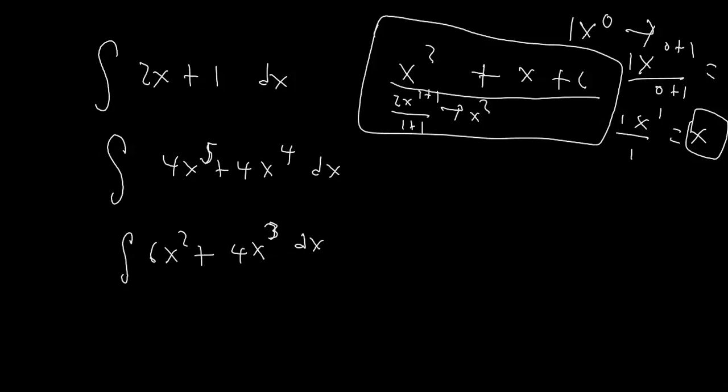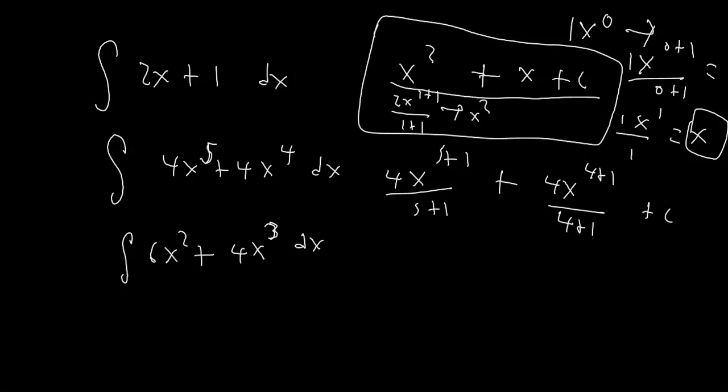Now time for this problem here. So 4, this becomes that, and then divide by 5 plus 1. Same thing here. 4 plus 1, and divide everything by 4 plus 1, plus c.